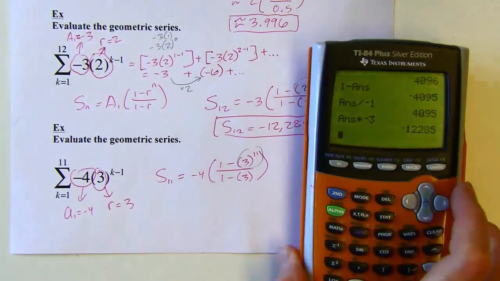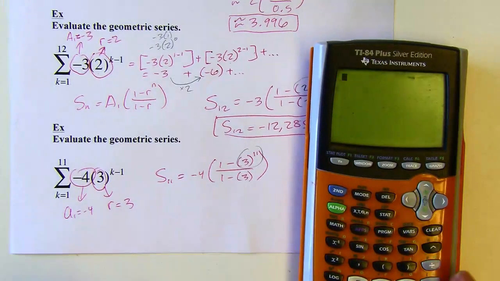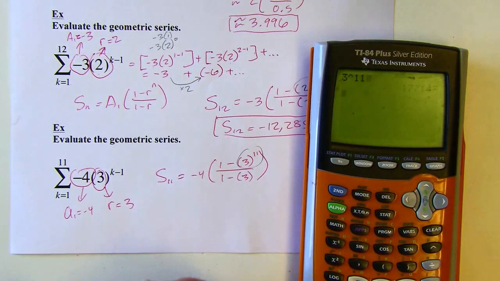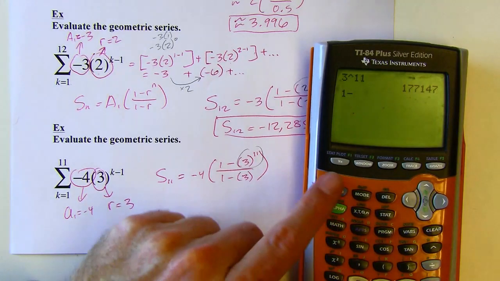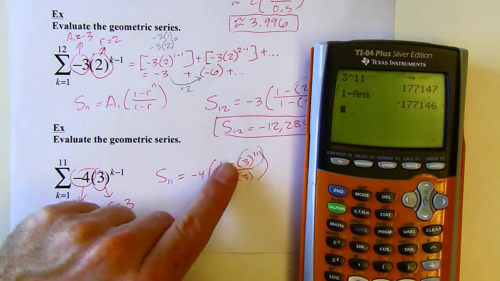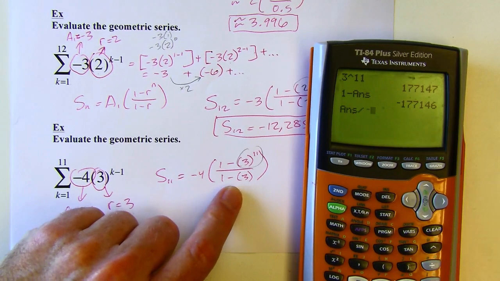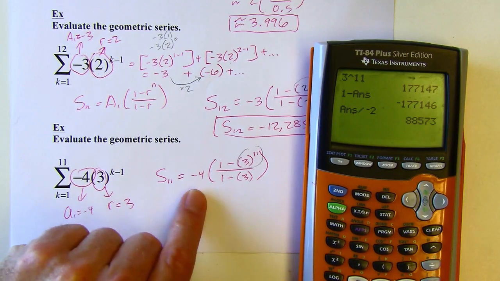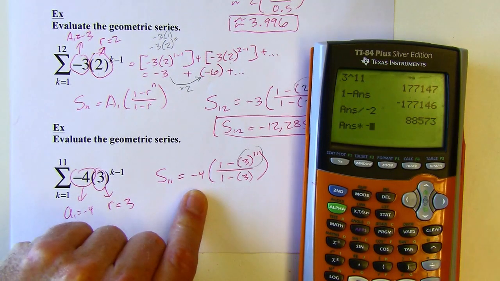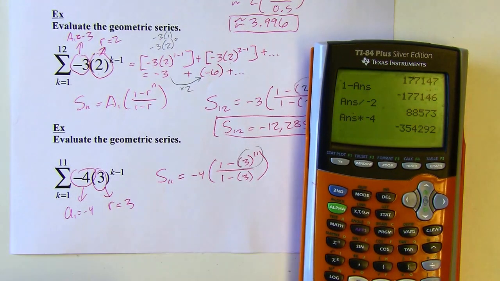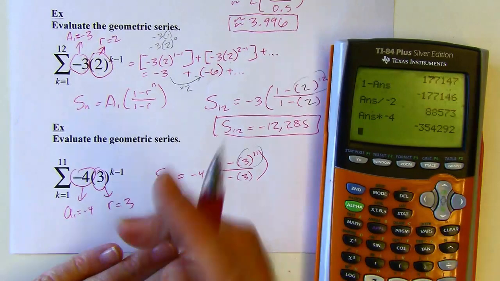Okay, clear that last stuff off there. 3 to the 11th. Got 1 minus that. So there's my numerator. I can see the denominator is going to be negative 2, so I'm going to divide by negative 2 and then multiply by negative 4. And that puts me at negative 354,292.